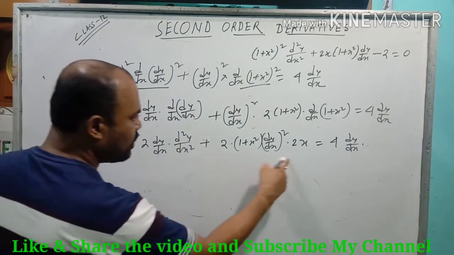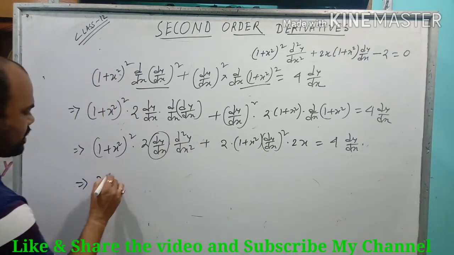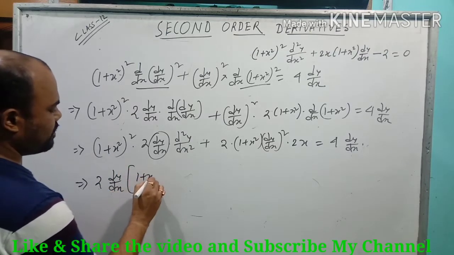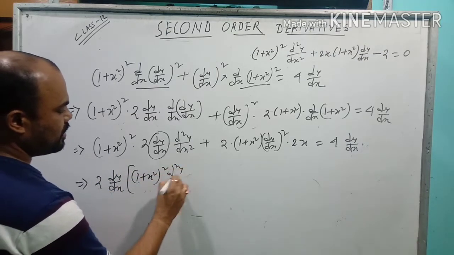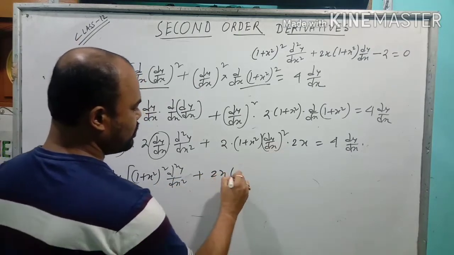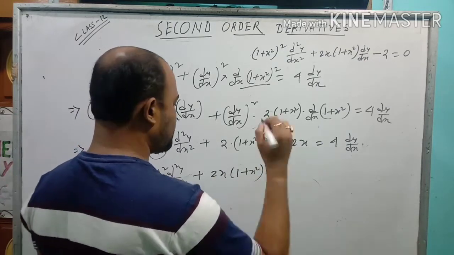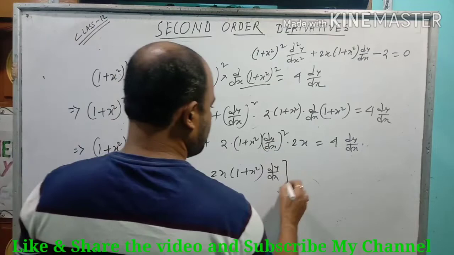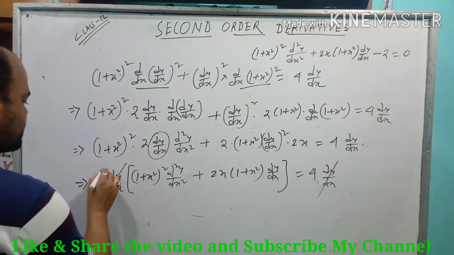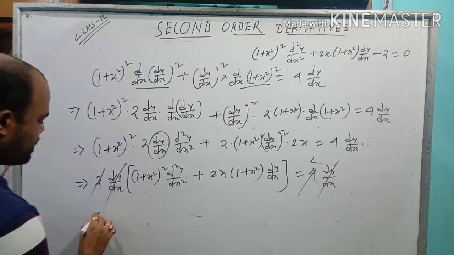Now we can take common, 2 is common, dy by dx is common, so we take 2 dy by dx common. What remains? (1 plus x square) whole square d2y by dx square plus 2 common, another 2 is there, 2x, (1 plus x square), 1 dy by dx common, another term will be there, this is equal to 4 dy by dx.